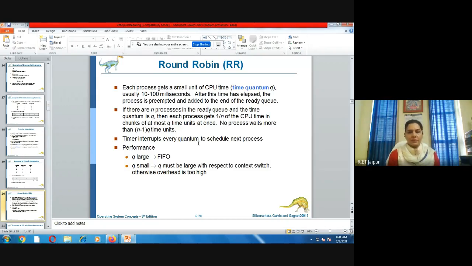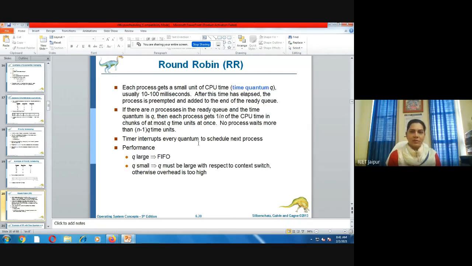As we know, all algorithms have some advantages and disadvantages. The drawback of the previous algorithm, priority-driven scheduling, is starvation. It means the higher priority processes always execute, and the lower priority processes never get the resources.